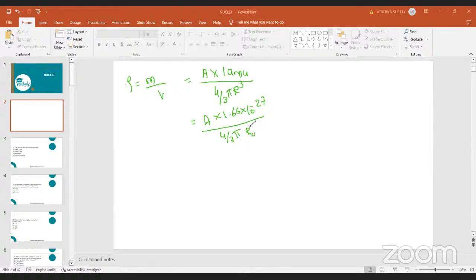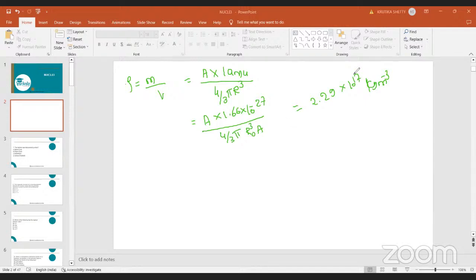So instead of that, I'll take R cubed as R naught cubed into A. Therefore, if you simplify, it will be R naught cubed times A. Here all are constant values. If I substitute, the value comes out to be 2.29 into 10 raised to 17 kg per meter cubed. So this is the density of the nucleus.